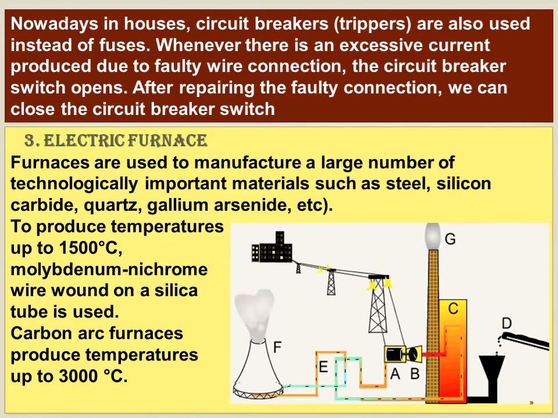Furnaces are used to manufacture a large number of technologically important materials such as steel, silicon carbide, quartz, gallium arsenide, etc. To produce temperatures up to 1500 degrees C, molybdenum nichrome wire wound on a silica tube is used.